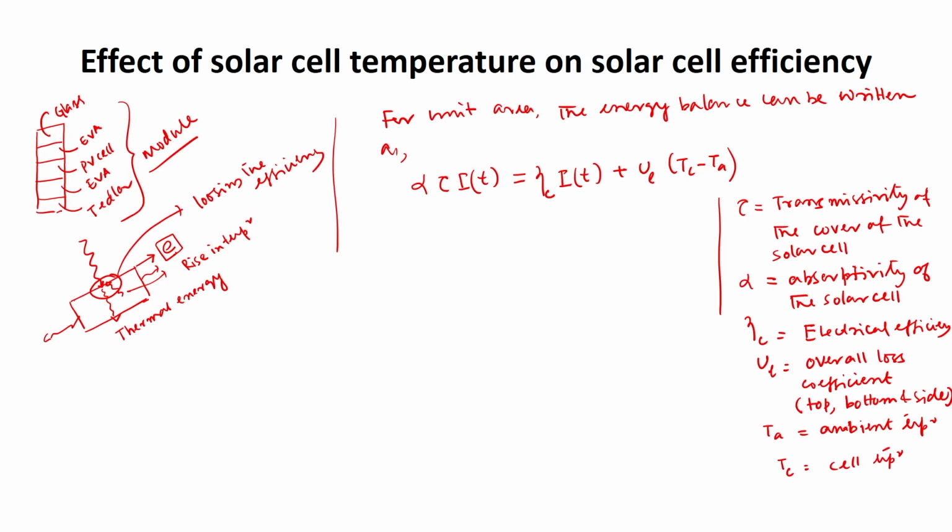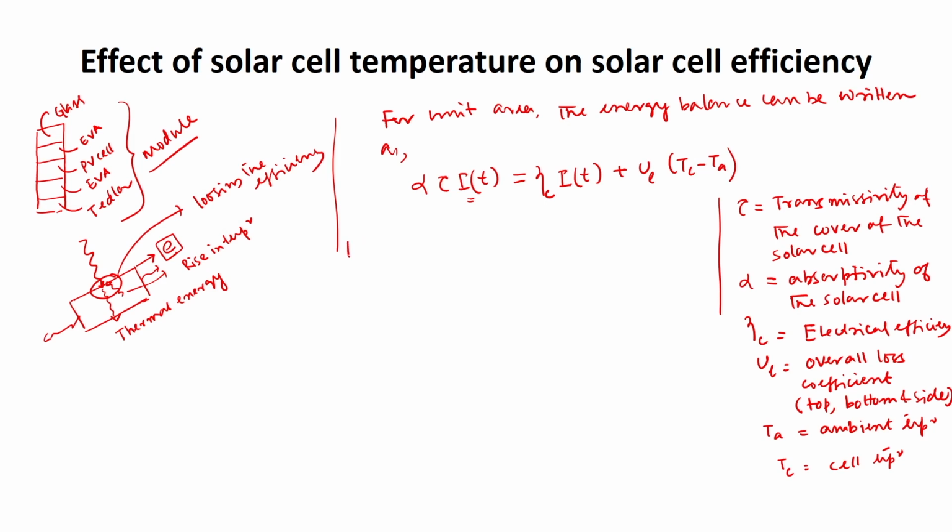Okay. So, I t is the amount of radiation which is falling. Now, if we are interested in the no load condition, then what will happen?